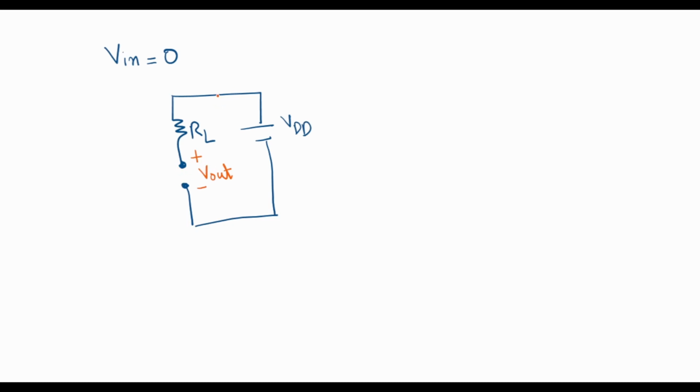As you can see, in this case, no current would flow through the circuit since the circuit is open. So all of this battery voltage VDD appears across Vout. So Vout is simply equal to VDD.